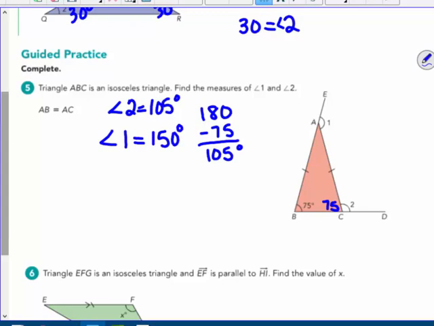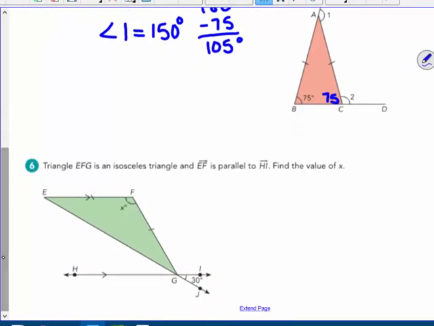Not too bad. And last question. Triangle EFG is an isosceles triangle, and EF is parallel to HI. Find the value of x. Oh, and there's a pair of vertical angles there, so that's got to be 30. These two angles have to be exactly the same. Oh, I've got a pair of vertical angles here.